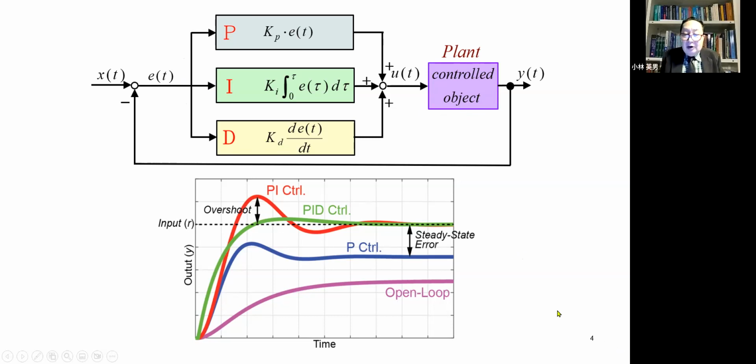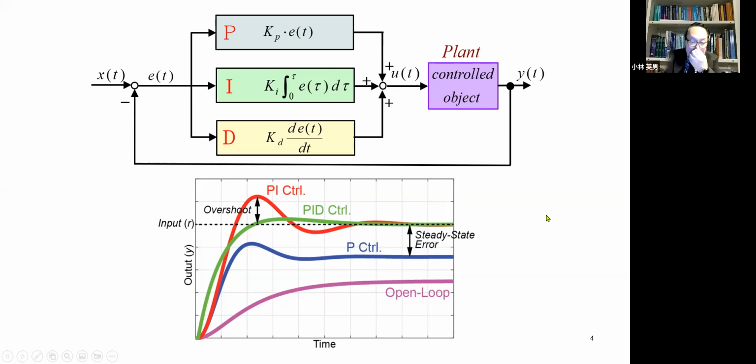So when we see this flowchart from the control diagram for each one, this is the lower figure. This axis is time. This axis is output, Y(t).